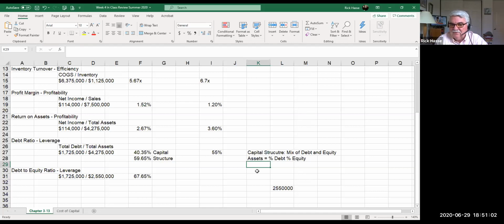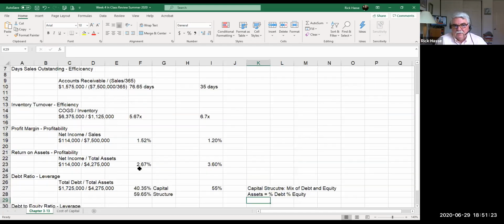If you find the cheapest capital in those mixes of percentages, the value of the company will be at its highest, highest wealth. We'll talk more about that later on, but the capital structure leads us into those discussions. It's the combination of debt and equity that funds the assets of a company on the balance sheet. Okay, Peter? Okay.